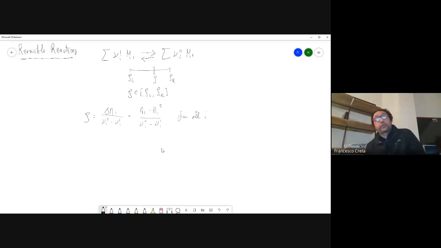It could also be, for example, the equilibrium composition. One of the most special compositions is the equilibrium composition.